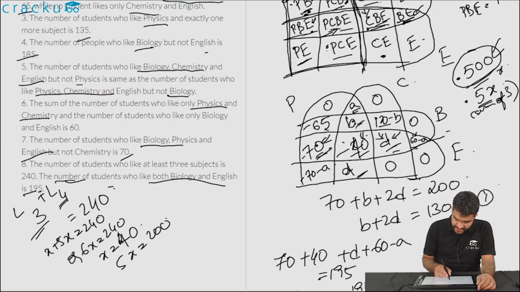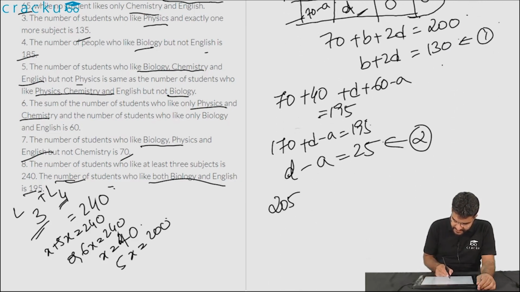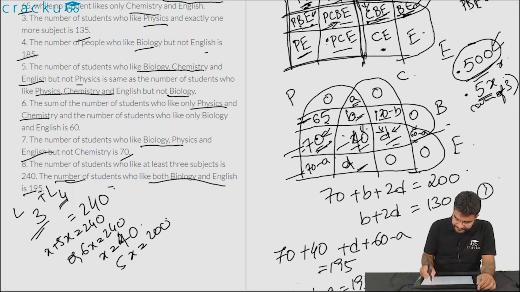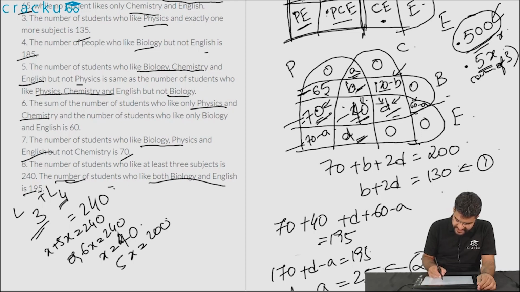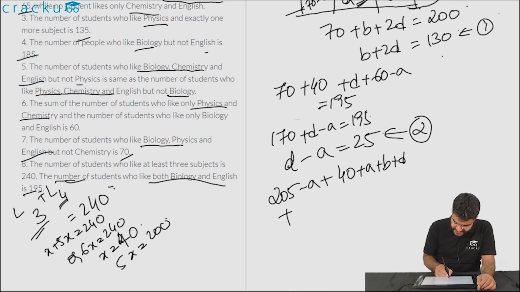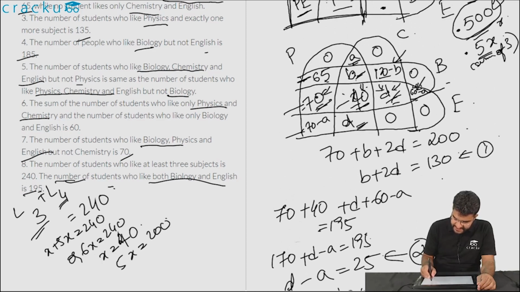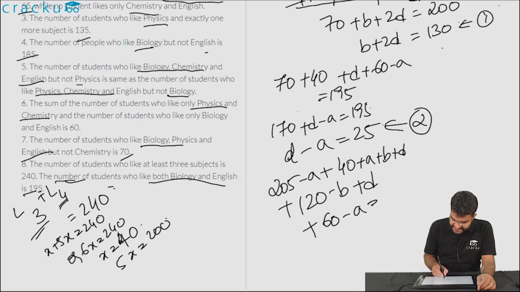So if you count the total number of students in each of them, it is 60 plus 70 is 135 plus 70 minus A is 205 minus A, plus A plus B plus 40 plus D. So that is 40 plus A plus D, B plus D, plus 120 minus B plus D. So it is 120 minus B plus D plus 60 minus A. So this is all the terms, plus 60 minus A is equal to 500.